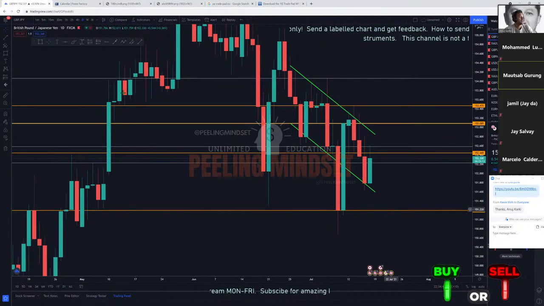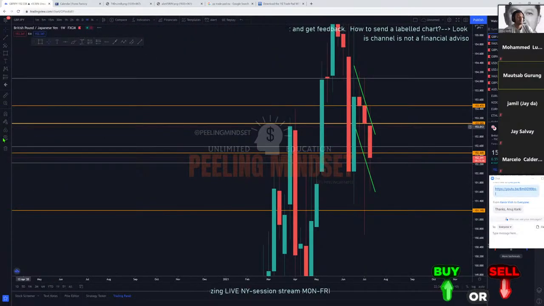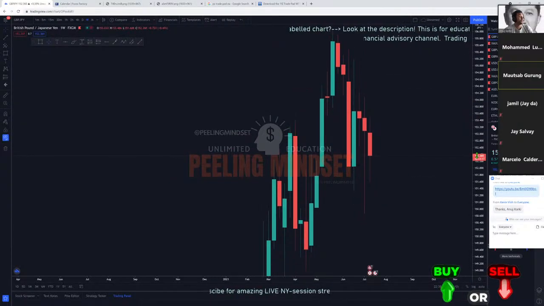The daily candle is still bullish, and the weekly candle is still rejecting the weekly support and potential demand area.